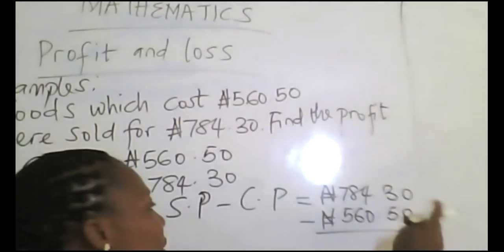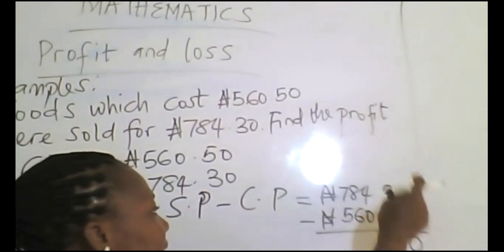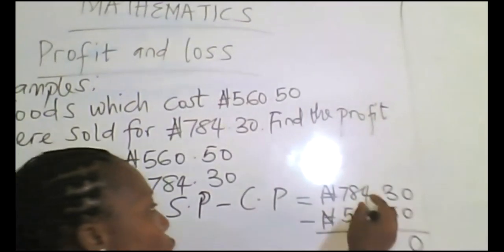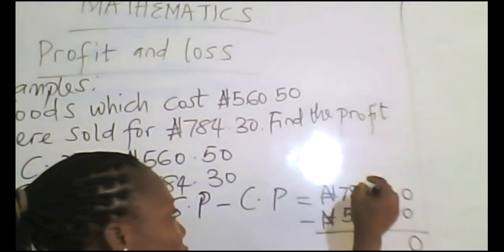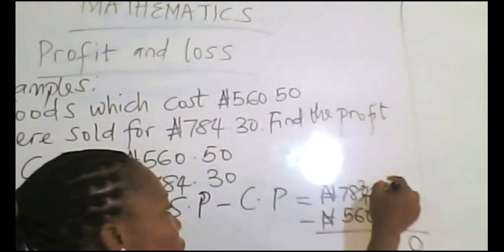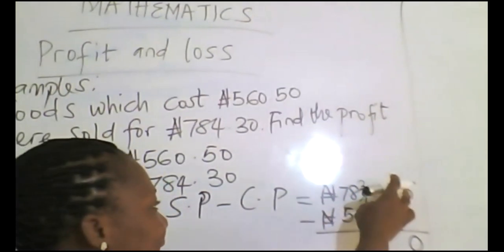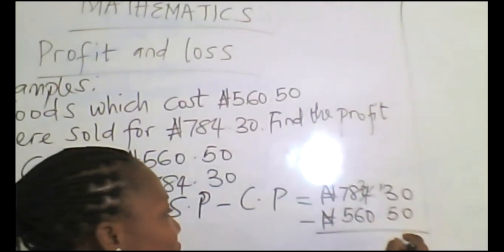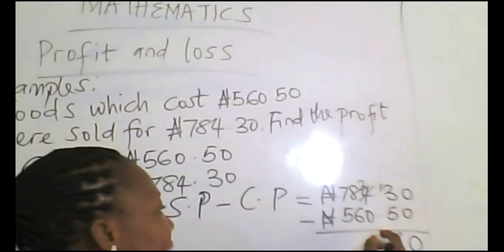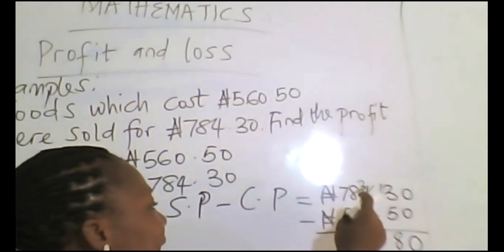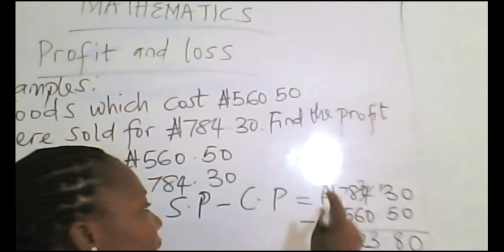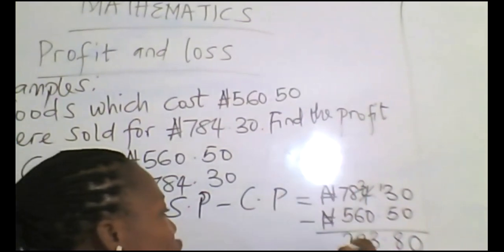Now, 0 take away 0 is 0, 0 take away 5 is not possible. I will come to 4, borrow 1 from 4. This will reduce to 3, while this becomes 10. 10 take away 5 will give us 5. 3 take away 0 is 3. 8 take away 6 will give us 2. 7 take away 5 will give us 2.